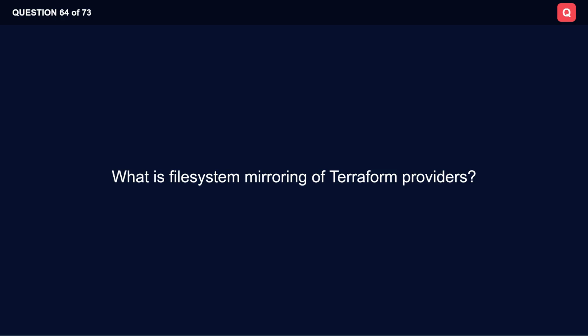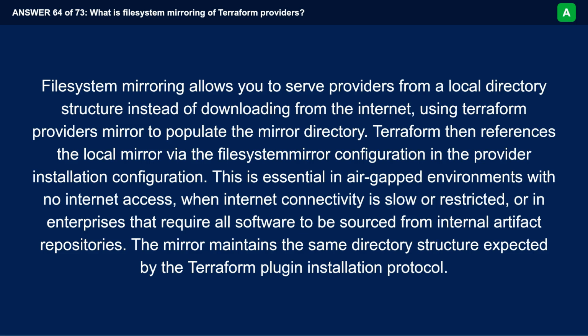What is file system mirroring of Terraform providers? File system mirroring allows you to serve providers from a local directory structure instead of downloading from the internet, using terraform providers mirror to populate the mirror directory. Terraform then references the local mirror via the filesystem_mirror configuration in the provider installation configuration.